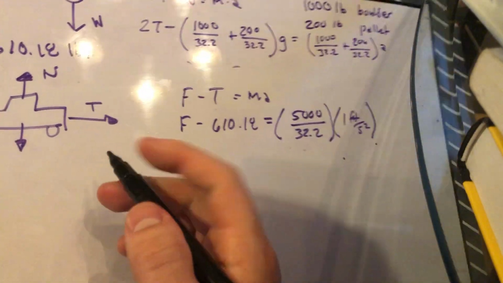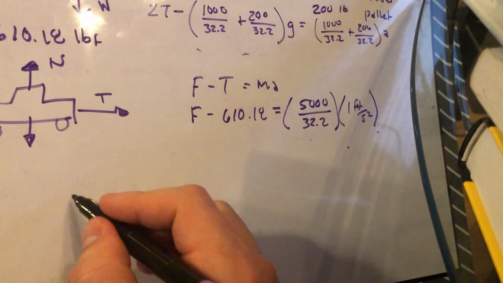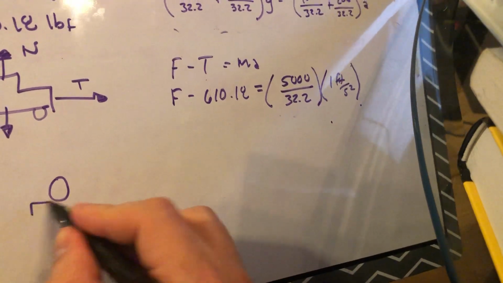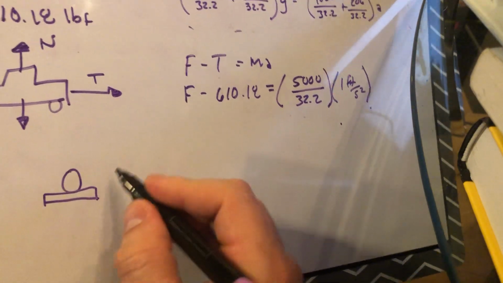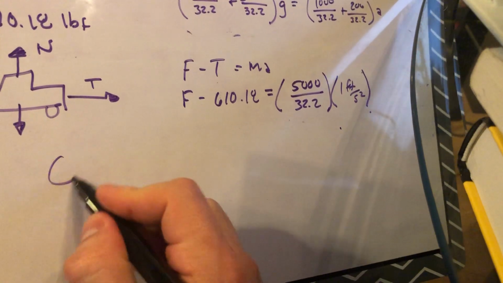Okay. Now for the pallet and the boulder, let's do part B. We have a boulder and we have a pallet. This one's a little bit counterintuitive, I thought.